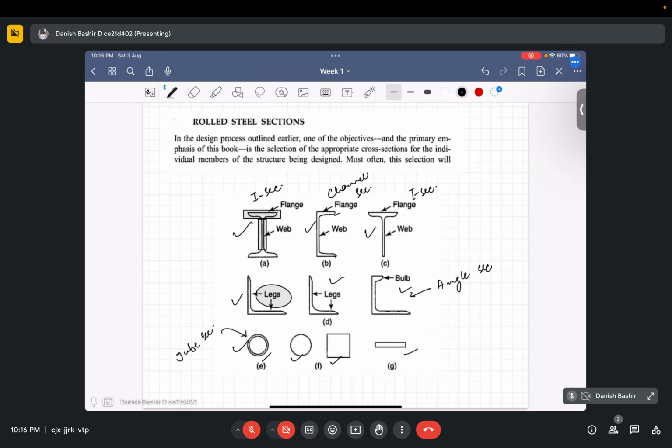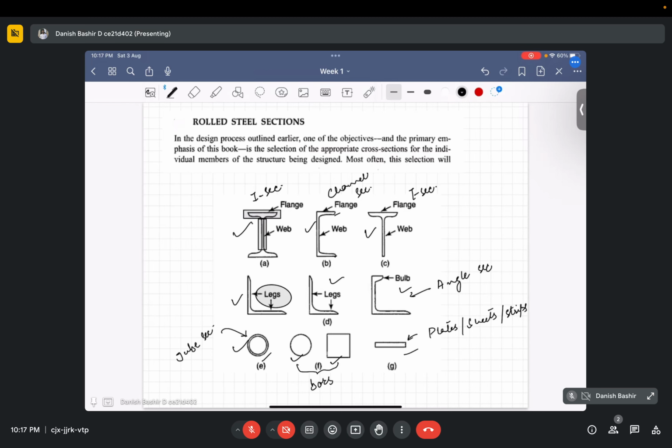Okay, these are steel bars, plates. Okay, plates, strips, sheets, yeah, strips. Okay, these are the rolled steel sections.